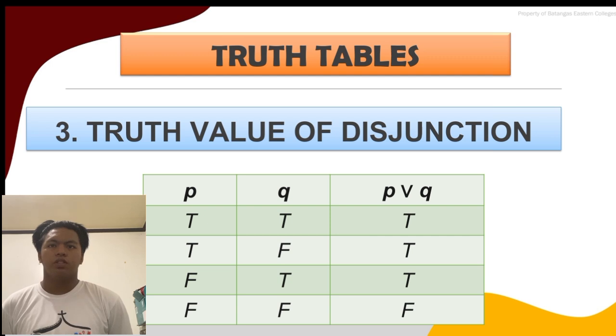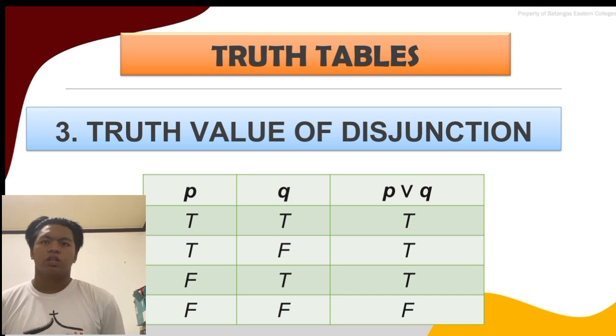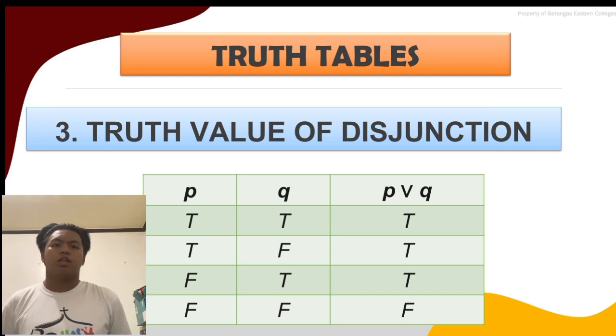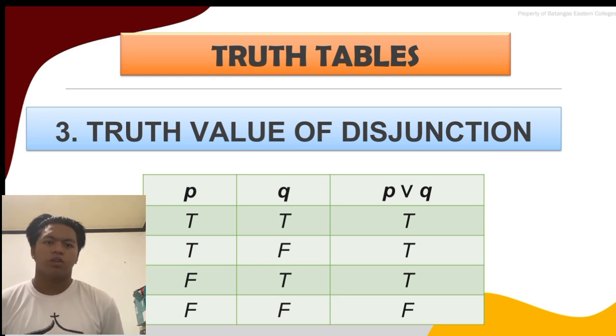So, if the first statement is true and the second statement is true, the compound statement will be true. And if the first statement is true and the second statement is false, the compound statement is true.